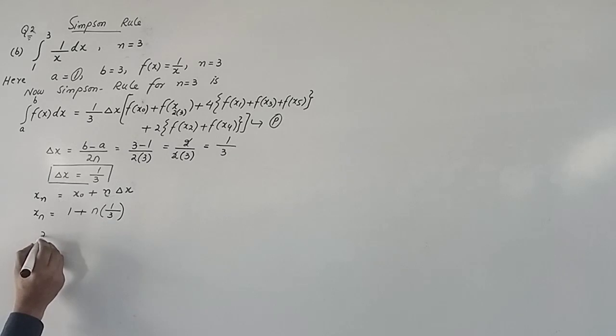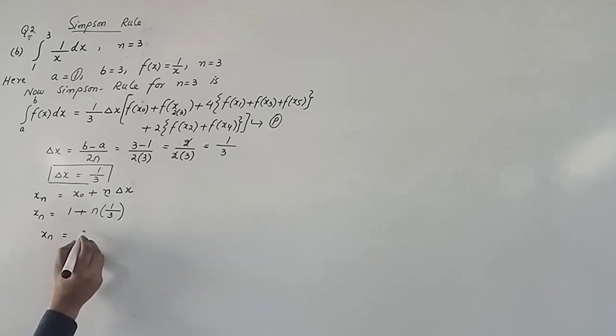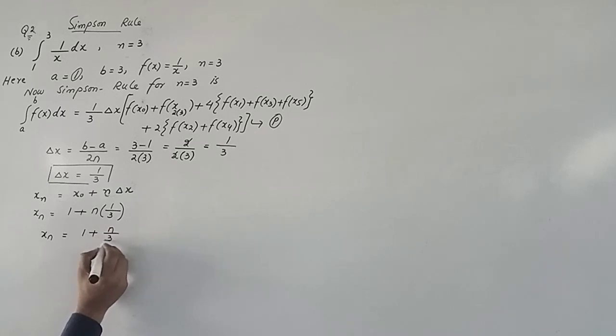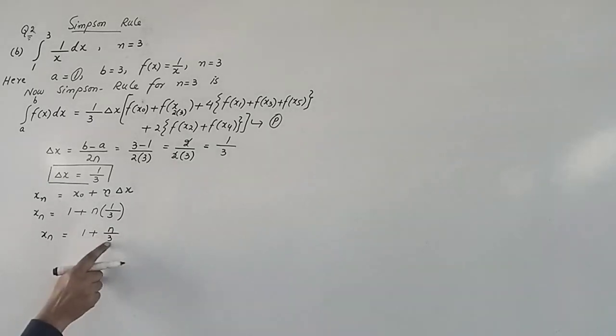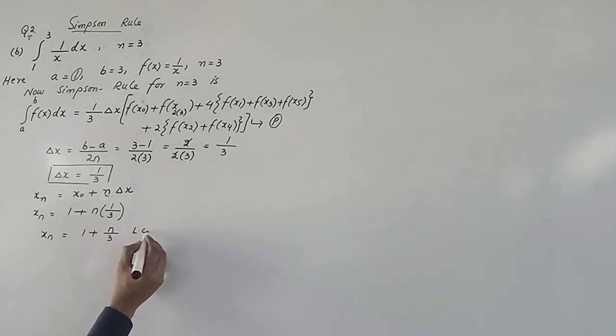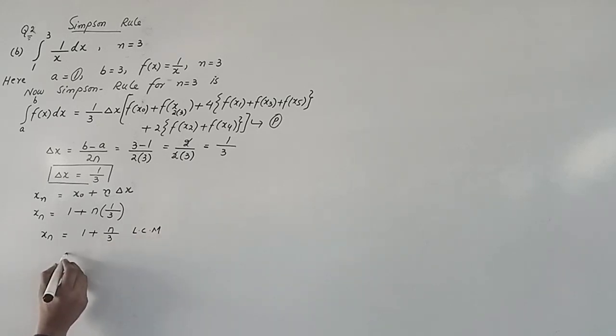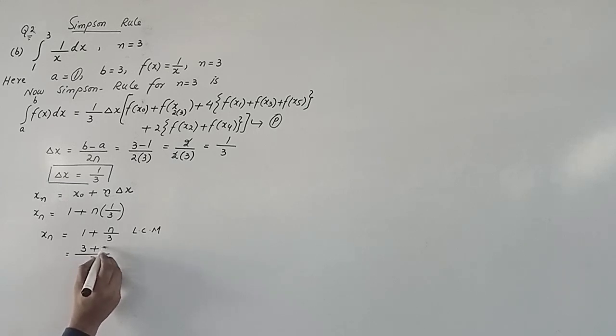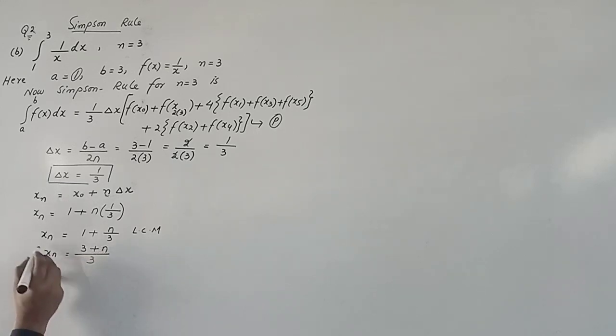So x n is equal to 1 plus n divided by 3. Taking LCM, we get 3 plus n over 3 as x n.